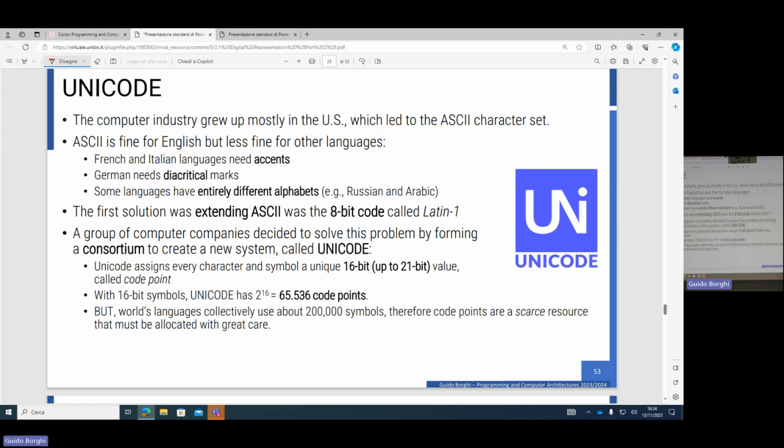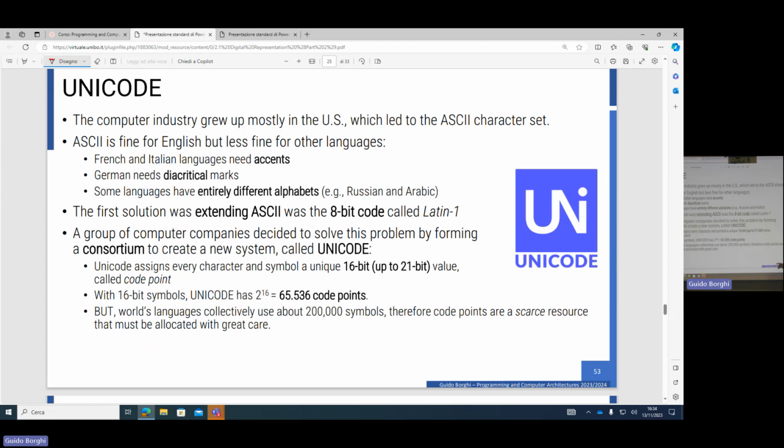That's why they introduced a consortium, made by different companies in the computer field, that created a new system, a new convention, a new standard called Unicode. That is one of the most important current standards that we are using with computers.